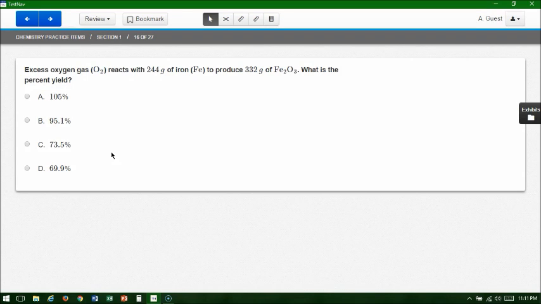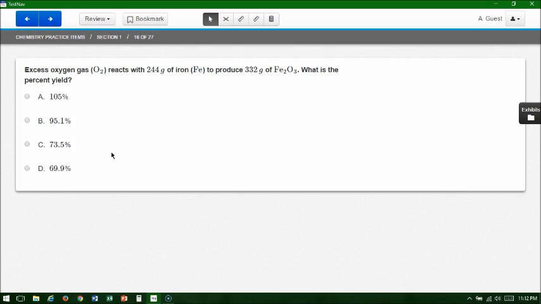In number 16, it says excess oxygen gas, O2, reacts with 244 grams of iron, Fe, to produce 332 grams of iron oxide, Fe2O3. What is the percent yield? First, we have to write a balanced chemical equation.